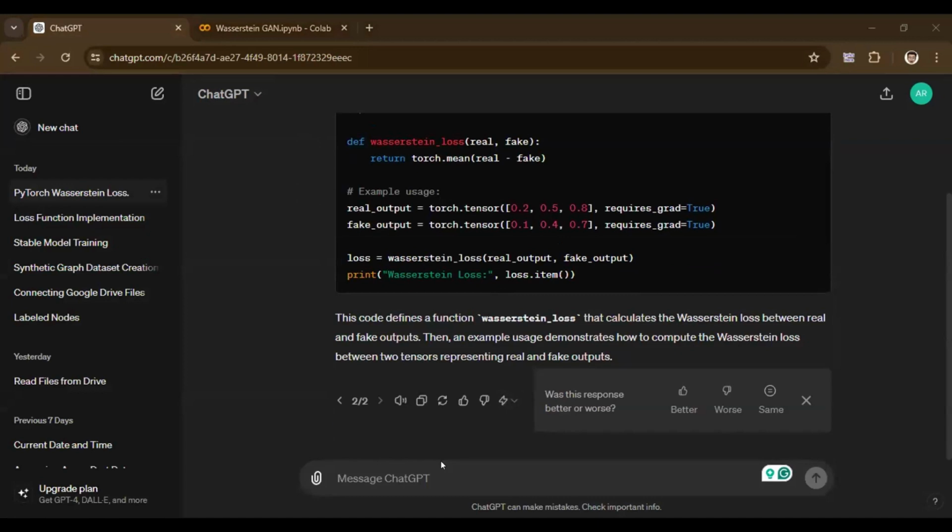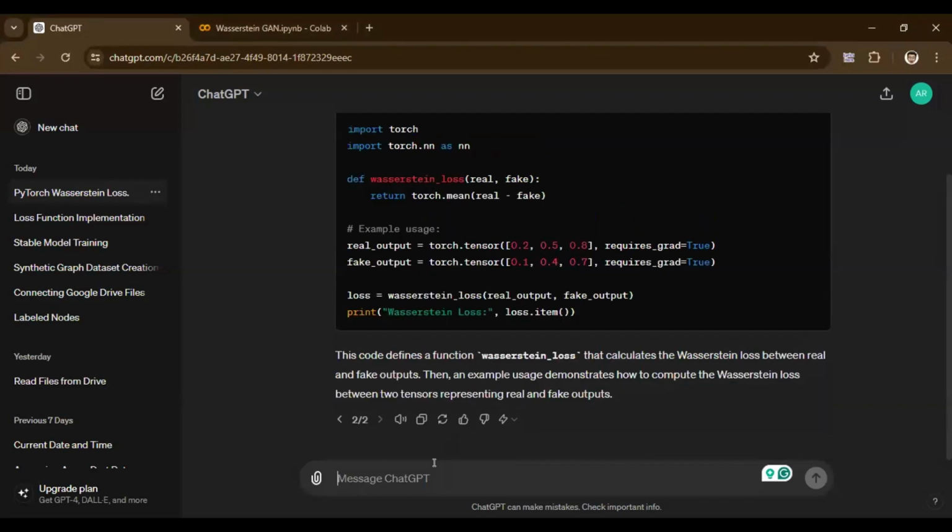We will design the generator network and the discriminator, which in this case will be called the critic network, and we'll combine those two to create a single WGAN model.